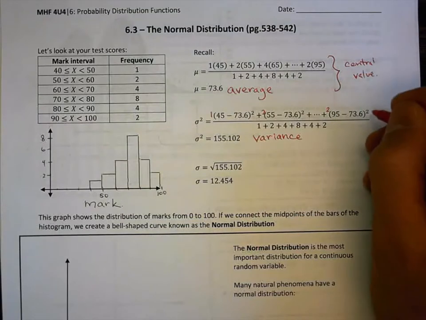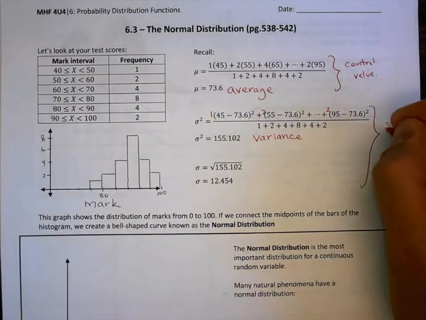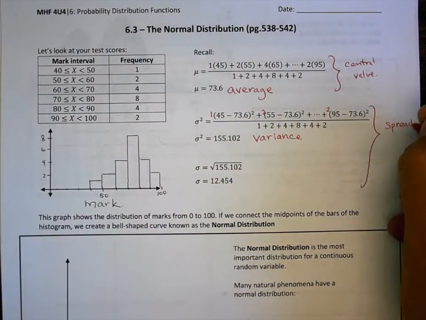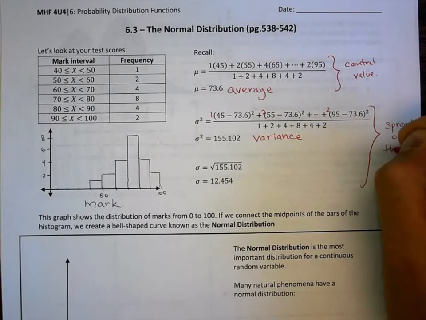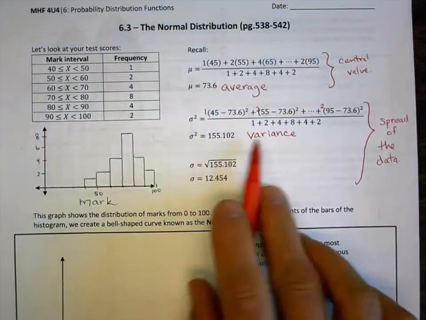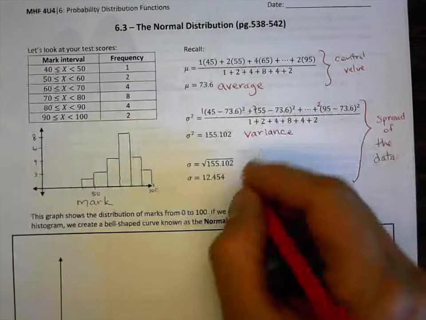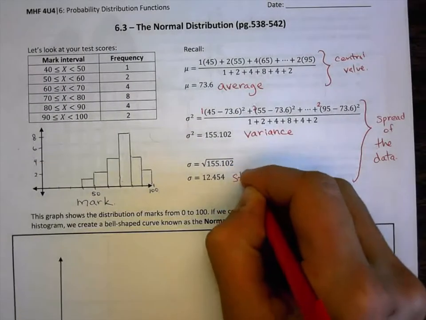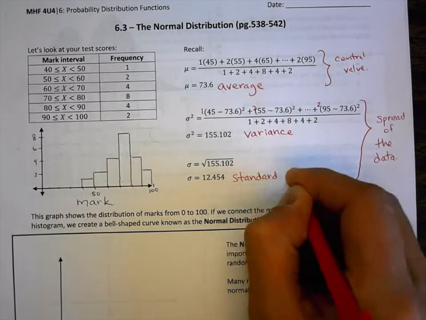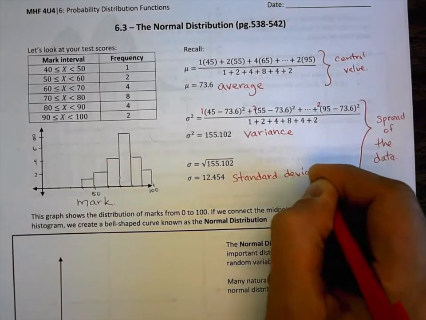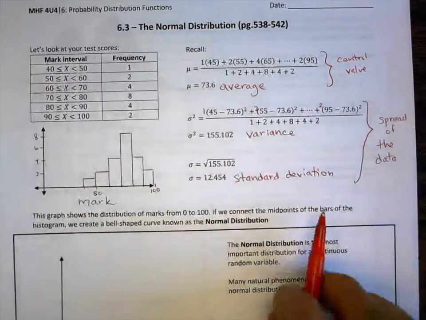This is a measure, if you remember, of how spread out the data is. We don't like the variance too much. We usually tend to take the square root of it, which is the standard deviation. So hopefully you remember doing these things in the statistics chapter.